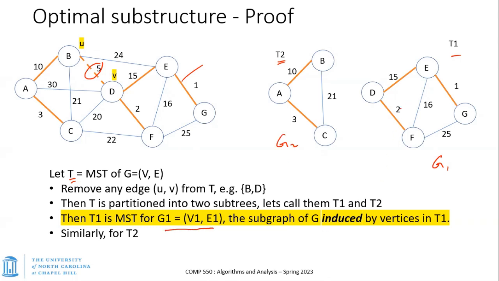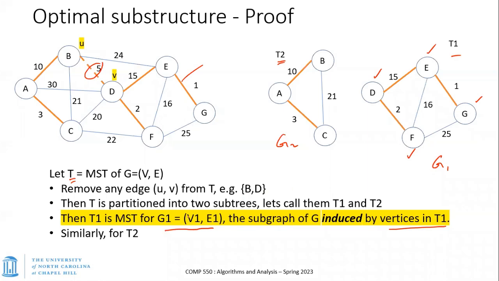G1 is the subgraph of the original induced by the vertices in T1. Those vertices produce a graph, which simply means it's going to keep all the edges among them and leave out the edges which go outside the set of vertices. So this is the induced graph for T1, and this is the induced graph for T2.